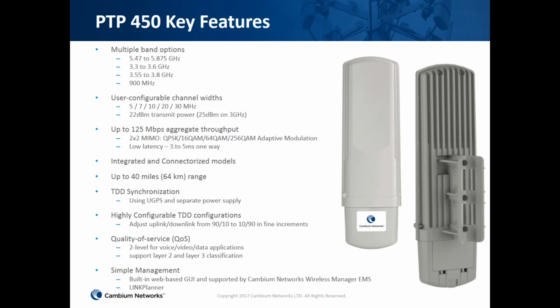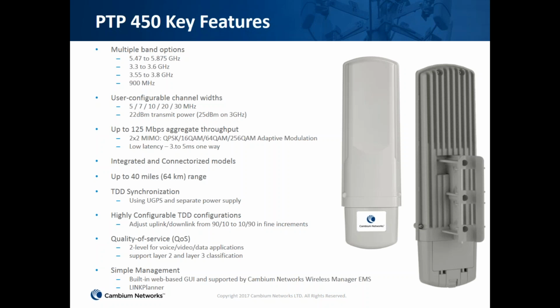It's also a good solution for video surveillance, and with the 900 megahertz capability, the benefit of being able to penetrate more foliage and have better propagation is important. We recently introduced 30 megahertz channels that will allow this product to increase up to about 190 megabits per second.